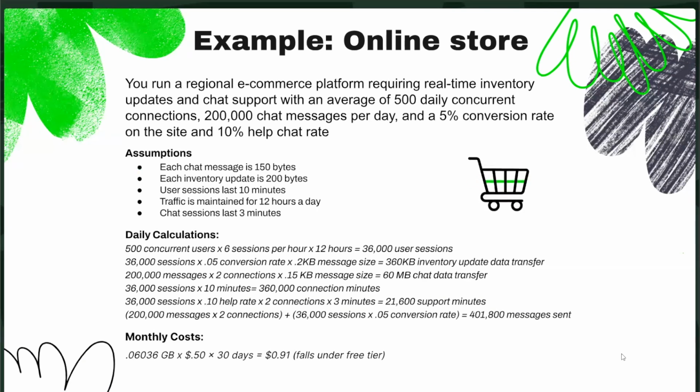Maybe they're asking for a refund. Maybe they're asking where's my package. Maybe they actually just need help with something else. So with the 500 daily concurrent users, all the math rounds out to, where are we at? 60 megabytes of data transfer. Hopefully I did that math right.